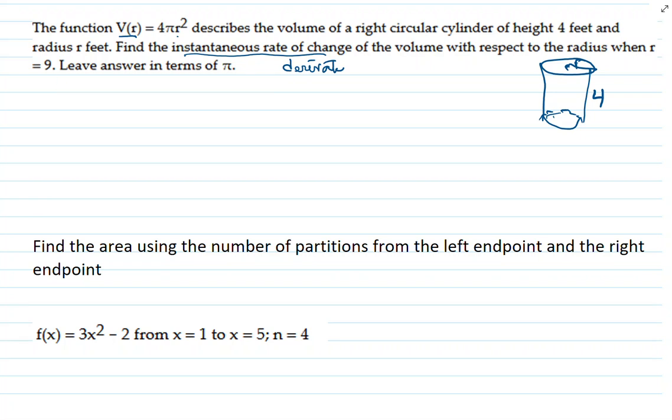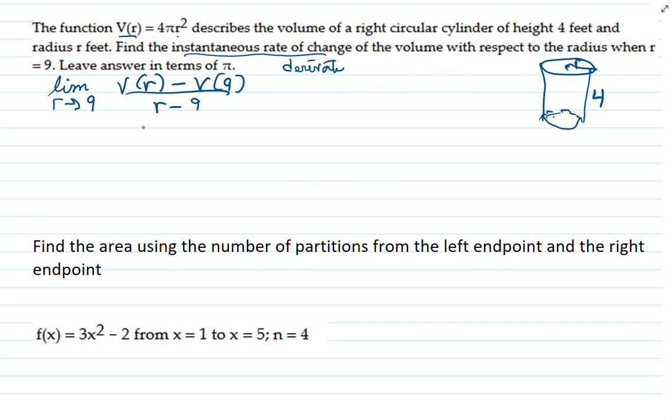All right, so we want the limit as r approaches 9 of v of r minus v of 9 over r minus 9.